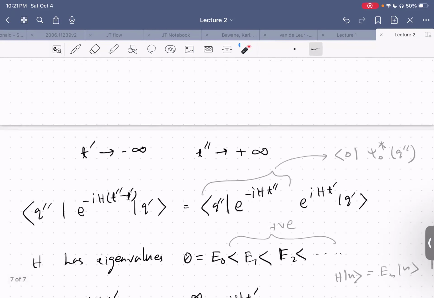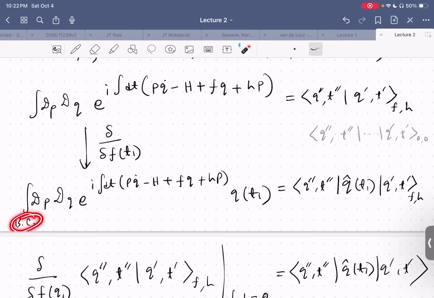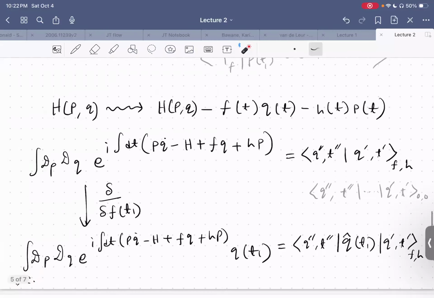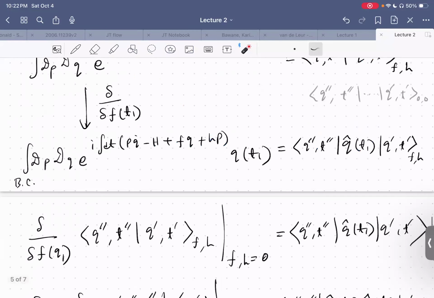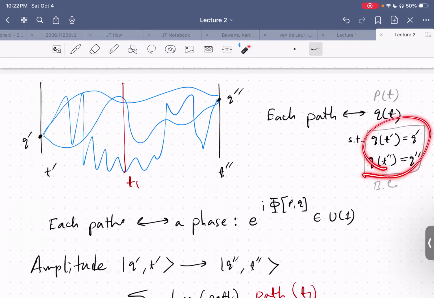Okay, now what that does is that in our path integration, you don't have to worry too much about these boundary conditions, because previously we had these boundary conditions, but these boundary conditions correspond to the fact that our starting state was a position eigenstate and our future state was another position eigenstate. But as we saw, regardless of what state we put in as our initial and final state, they always project onto the vacuum state or the ground state if the times are infinite.